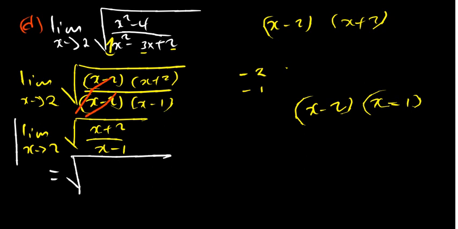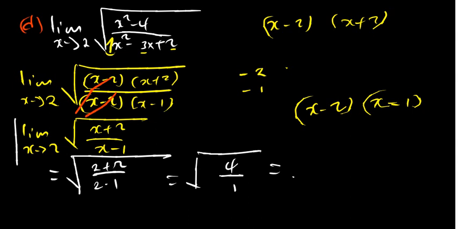Since I want to plug in the values, I'm going to say 2 plus 2 divided by 2 minus 1, which is going to be equal to 4 divided by 1, which is going to be equal to 4, which is going to be equal to 2. Have you seen? So you continue bringing in limit as x approaches that number until you reach the part where you are going to plug in the value of that x. That's when you stop introducing the limit.